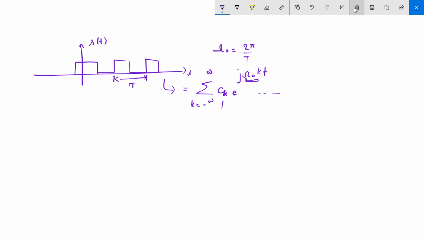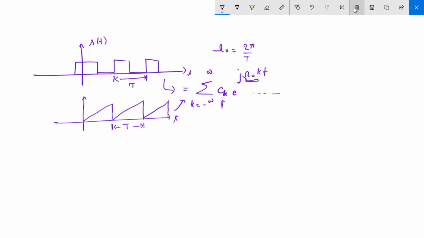And why do we introduce this coefficient c_k here? The reason is that you may have two different signals in time, both may be periodic. Let us suppose I take a signal like this, which is also periodic and has the same time period T. When you write its Fourier series, the equation will be the same, but how you differentiate them is controlled by this coefficient.